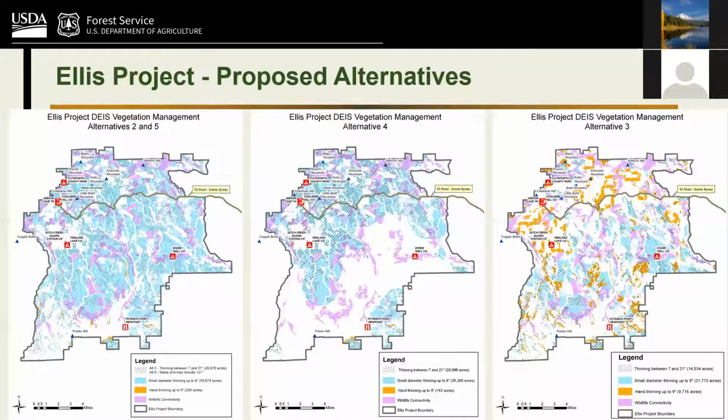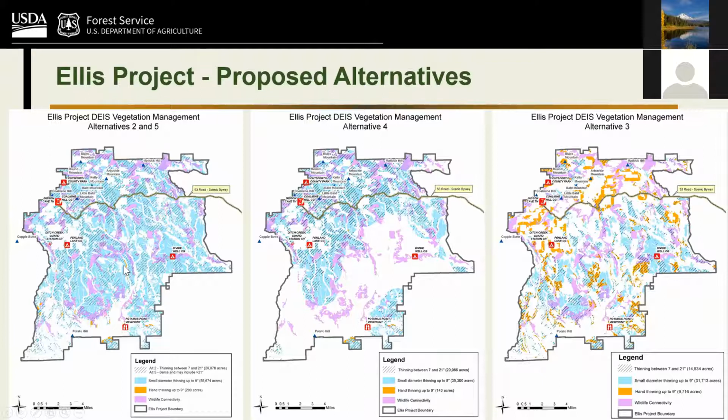And I just want to give you guys a glimpse of the treatment scale and location across the project area with these maps. I know these maps are probably hard for many of you to see, but these maps are on the story map and the information packet that we put together that are both on the Ellis Project website.